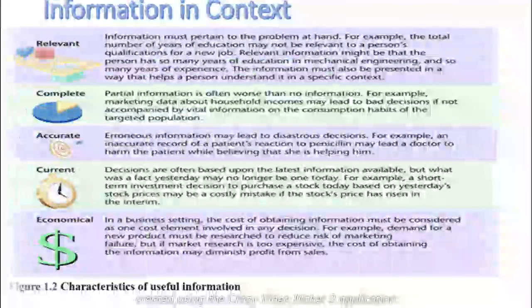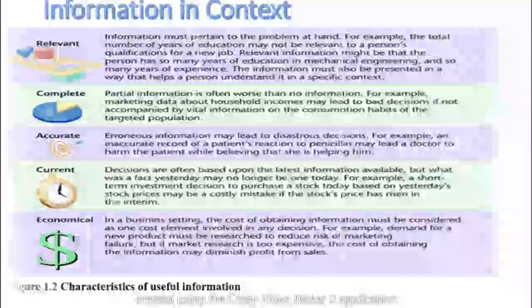So all this we are listing above is talking about the characteristics of useful information. In this aspect, we are saying relevant, that information must be pertinent to the problem at hand. It must be complete.